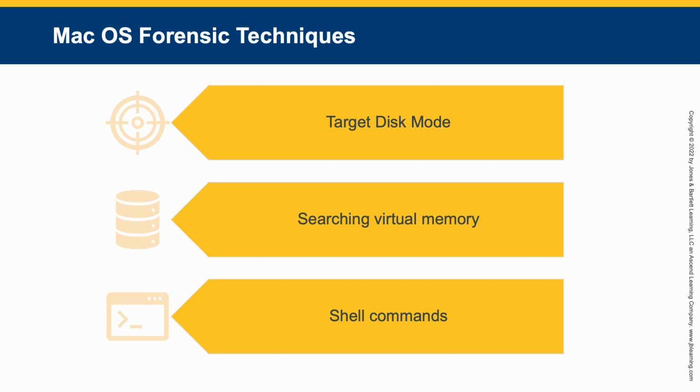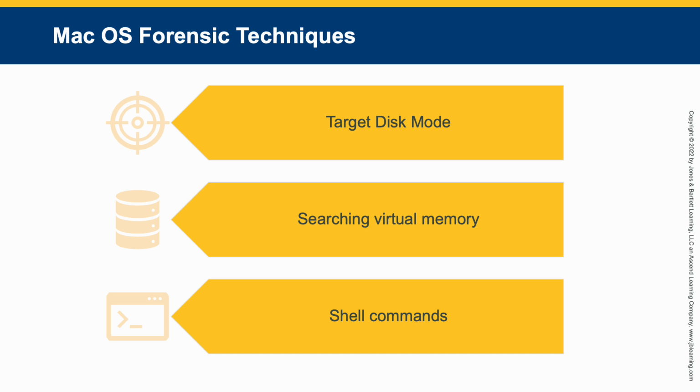By booting the target Mac into TDM, investigators can access its file system directly from the host Mac, enabling them to browse, copy, and analyze data without altering the original evidence. This method is particularly useful for live acquisitions where the target Mac cannot be shut down or when a quick and non-intrusive examination is required.